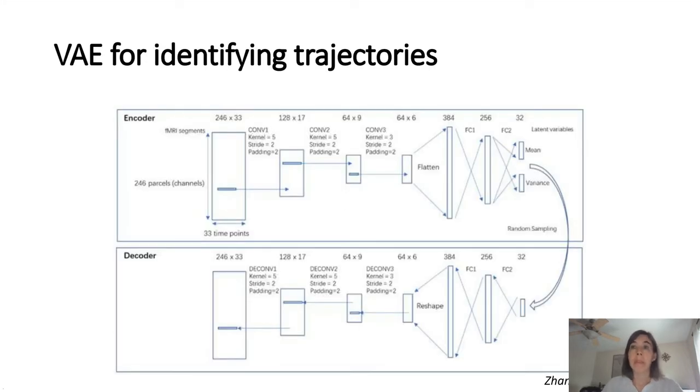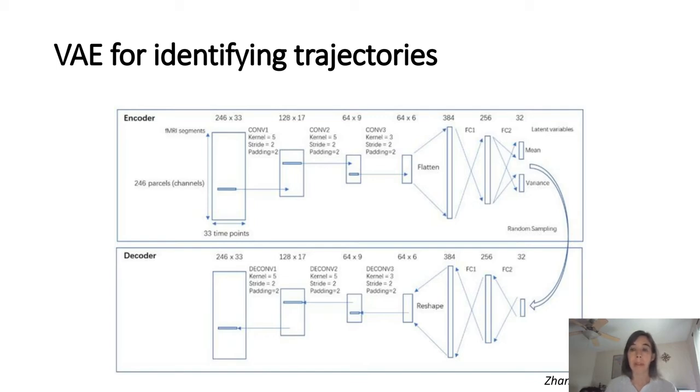When we started thinking about trajectories, the first thing that came to mind was that maybe we could use a variational autoencoder. These are network architectures that are widely used to take a signal, force it through a bottleneck where it's represented by a handful of latent variables, and then reconstruct the signal through a symmetric network to try to recapture the original signal.